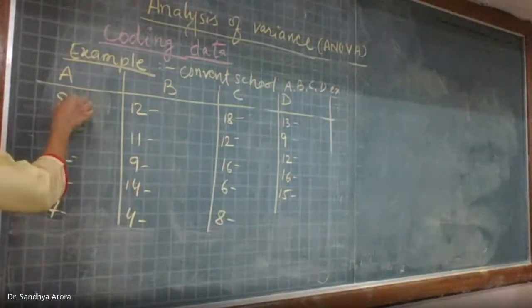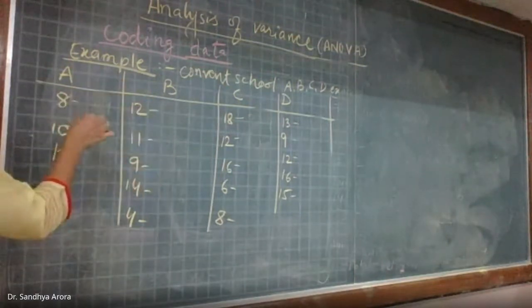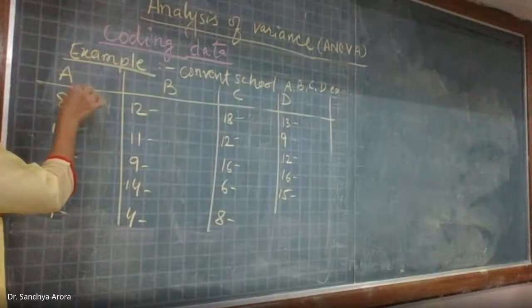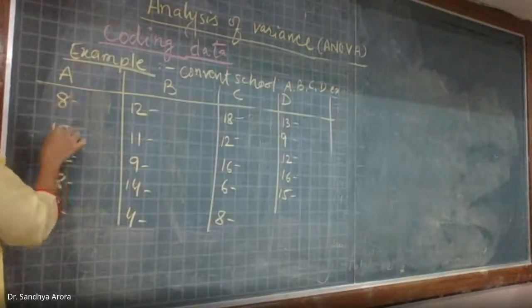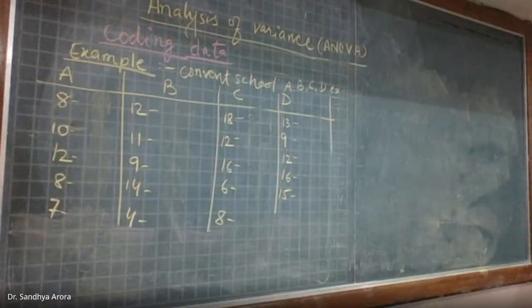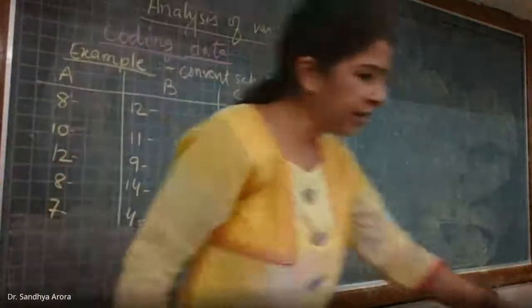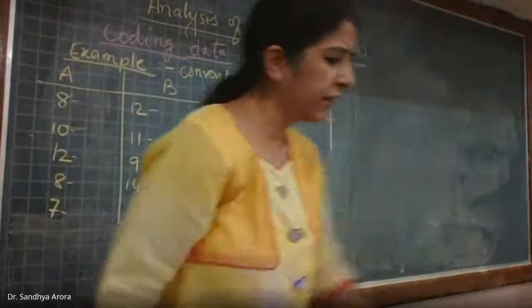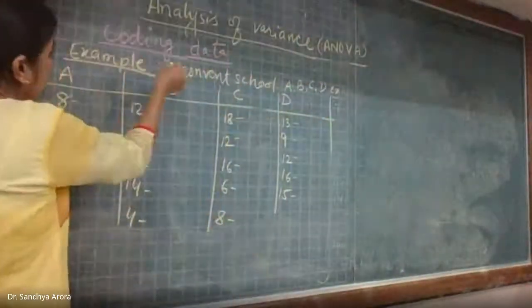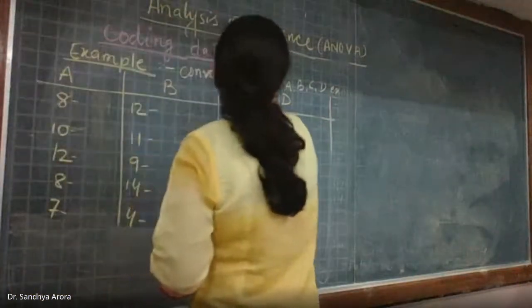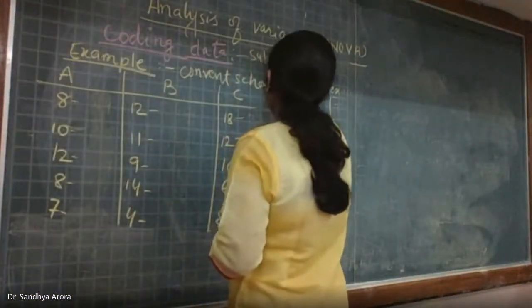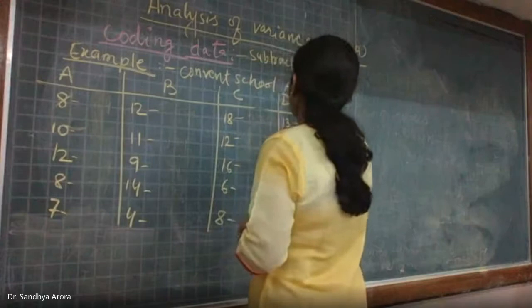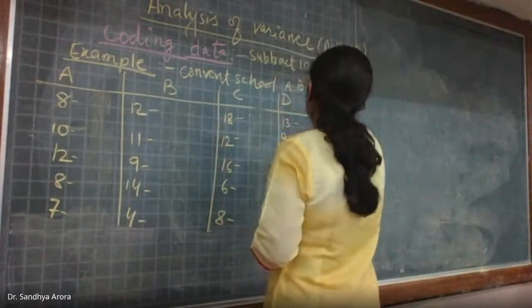So I am assuming that my data is around 10. I'll choose 10 and subtract 10 from each data item. Subtracting 10 is my coding of data for this.